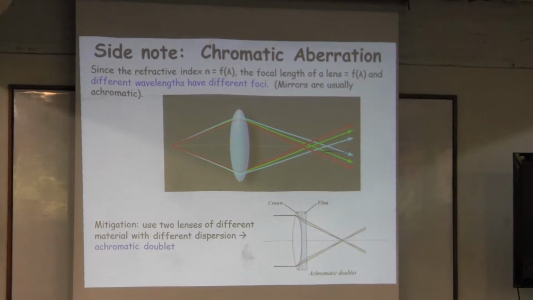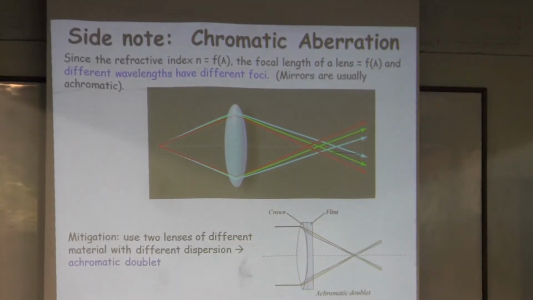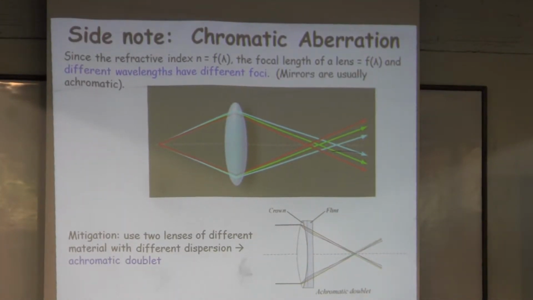I could go through a long list of aberrations, but I just want to show you one which is important since we talked about lenses, and that is chromatic aberration. The reason why a lens works is that the rays are refracted, and the angle of refraction depends on the refractive index of the lens material. If you take the same shape but a different material, you get a different refraction of the rays.